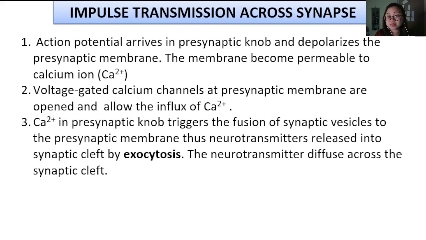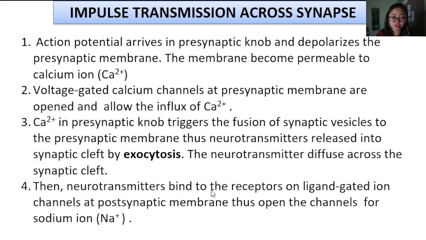This process is called exocytosis. Once the neurotransmitter has come out, it will spread, it will diffuse. The neurotransmitter will diffuse across the synaptic cleft.